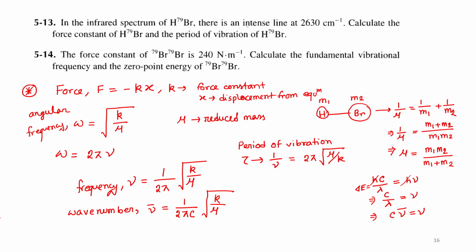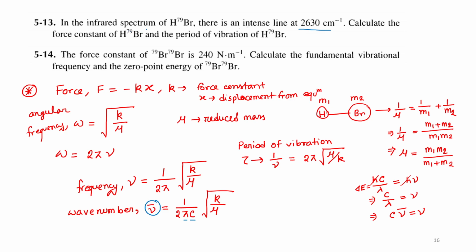Now you see what is given. In the infrared spectrum, intense light at 2630 centimeter inverse, that is your wave number. So that is given. You know the value of pi, you know the speed of light in vacuum, and you know the reduced mass, because HBr is given and the isotope is also given.